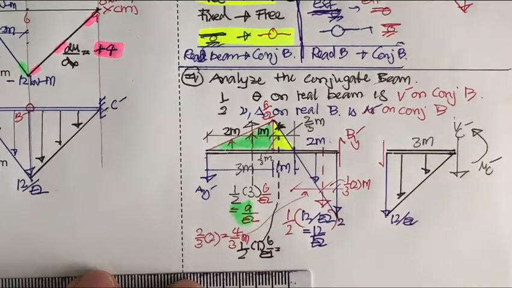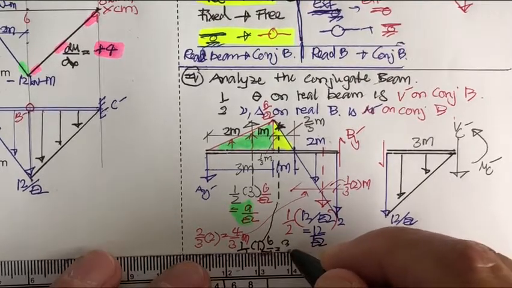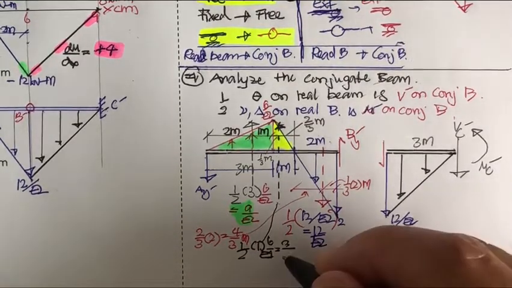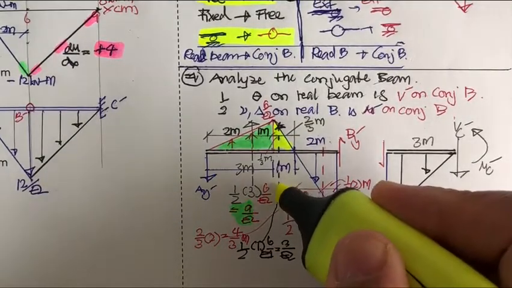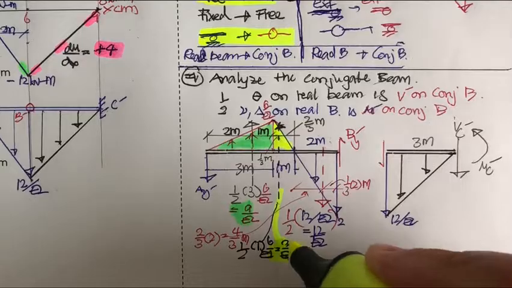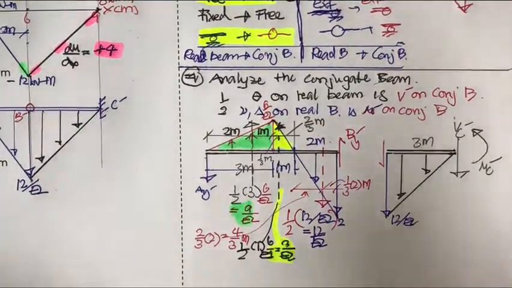And this one is going to be 3 over EI. Okay, this is going to be 3 over EI. And we have another portion here.